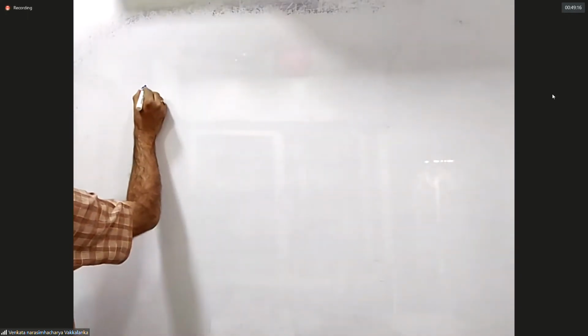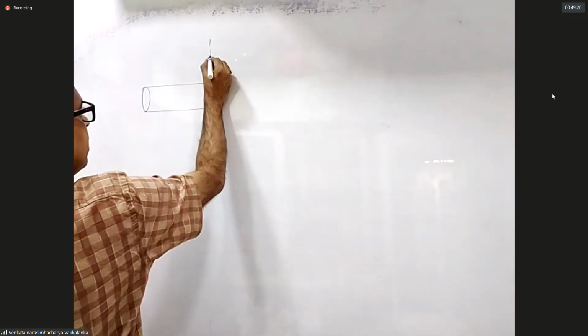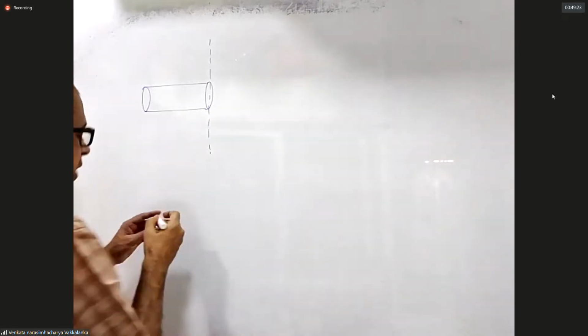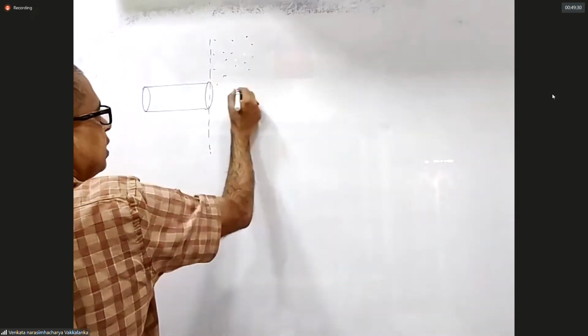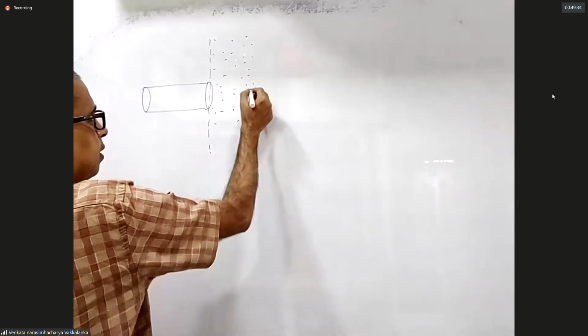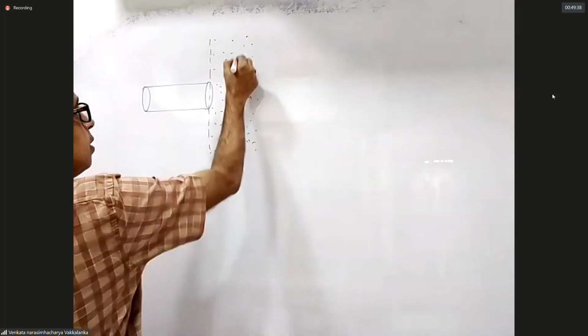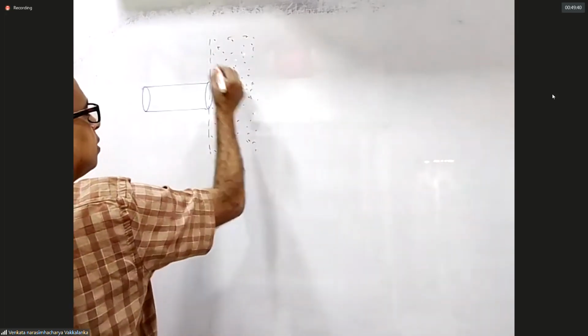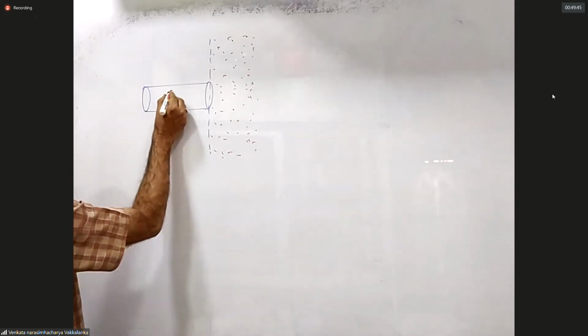There is a cylinder entering into a boundary with dust particles. Mass of the cylinder is 10 raised to minus 2 kg.